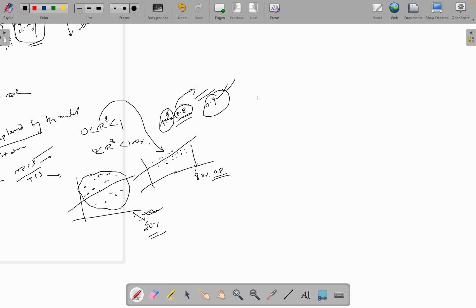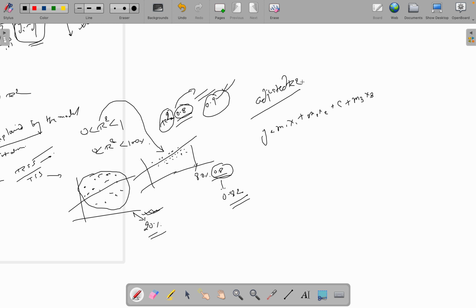Similarly, there is something called adjusted R square. Suppose there is an equation m1 x1 plus m2 x2 plus c, and your R square value is coming 0.8. Then I added another variable, m3 x3, so your R square value increased to 0.82.